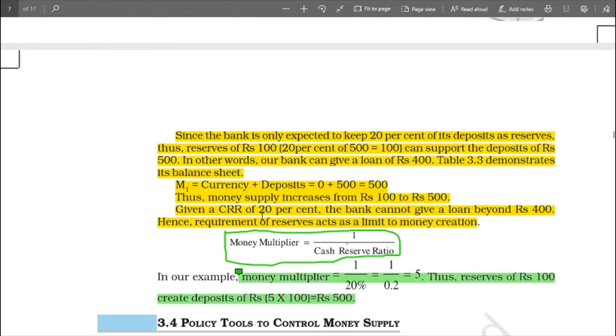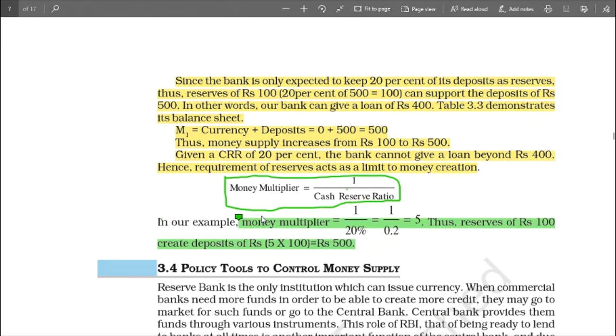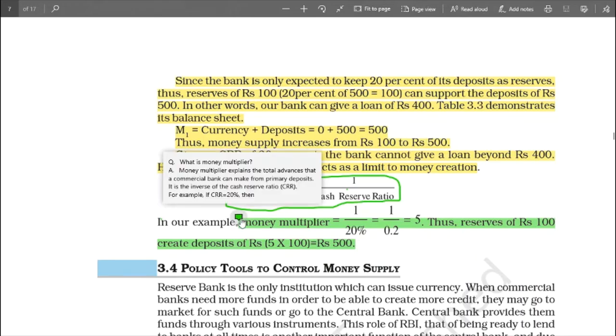So that's why, based on that calculation and explanation, we can come to the next concept of multiplier. That means if you know the cash reserve ratio, how much each bank has to keep with itself before giving loans from the deposit, we'll be able to learn about the multiplier. What is a multiplier?